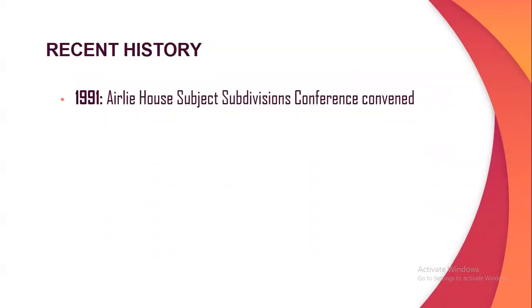In 1991, the Airlie House Subdivisions Conference convened. Based on the Airlie House recommendations, the effort to standardize and simplify the system of subdivisions used in the Library of Congress subject headings has occurred since the conference.